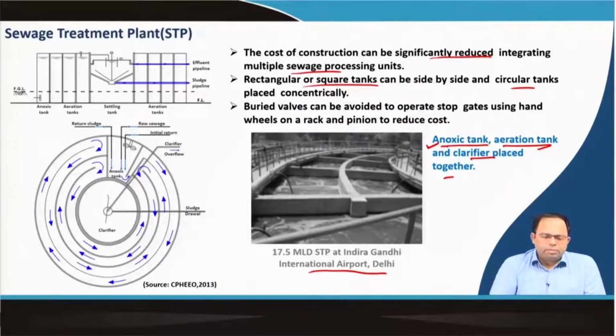So in this particular example of the Indira Gandhi International Airport, you can see we have the anoxic tank at the beginning. This is the mixture, where we have got raw sewage, and then nitrification starts happening, and this water passes through this particular pathway. It goes like this, it goes round and turns again.